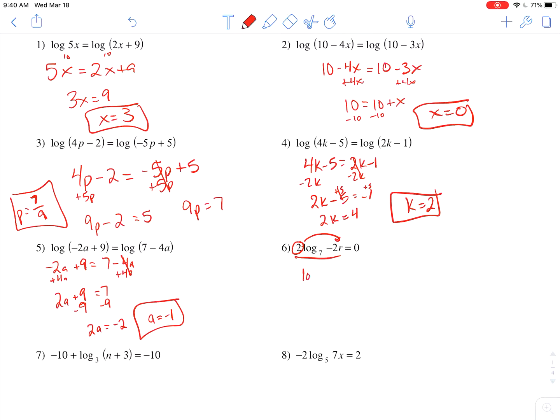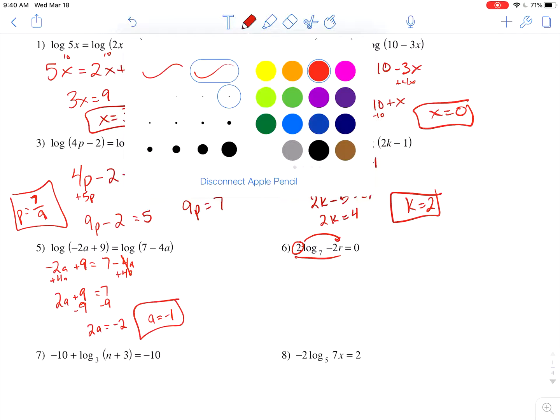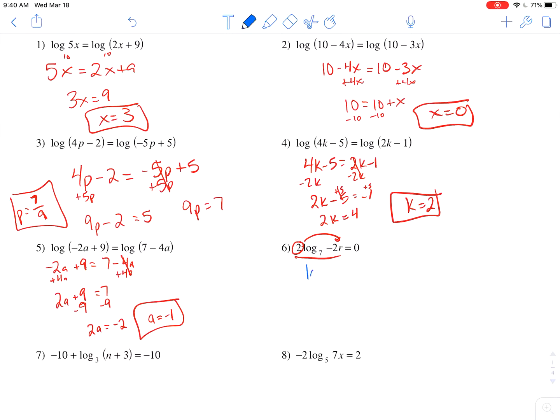Put it in the exponent. Log base 7 of negative 2r squared equals 0.